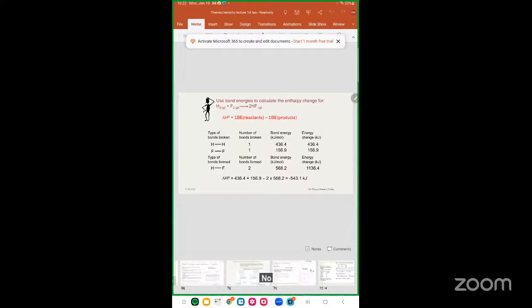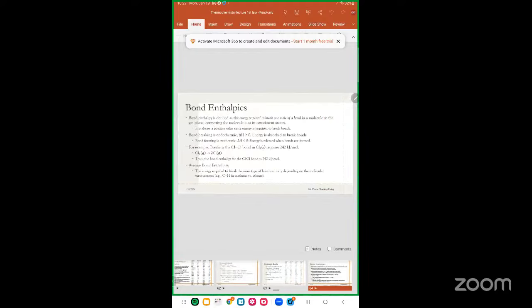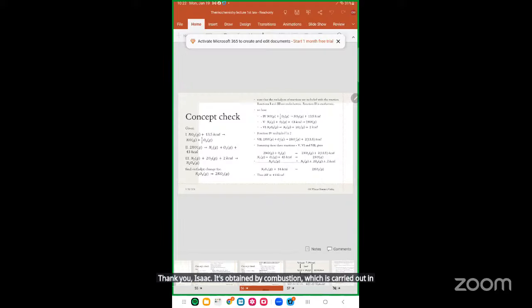It's a question on the chat box, so you can see it there. I don't like the word gotten, I like obtained better. Thank you, Isaac. It's obtained by combustion, which is carried out in the bomb calorimeter.